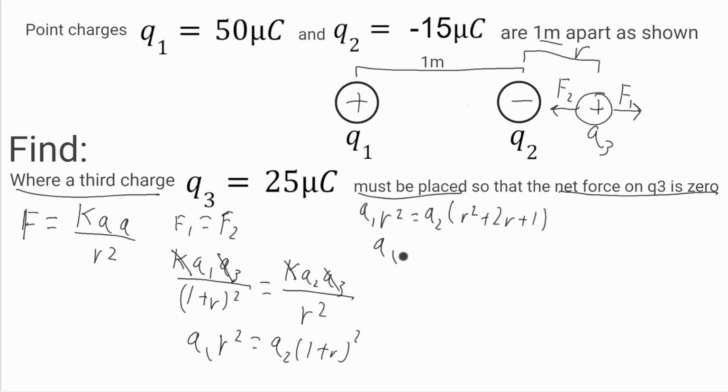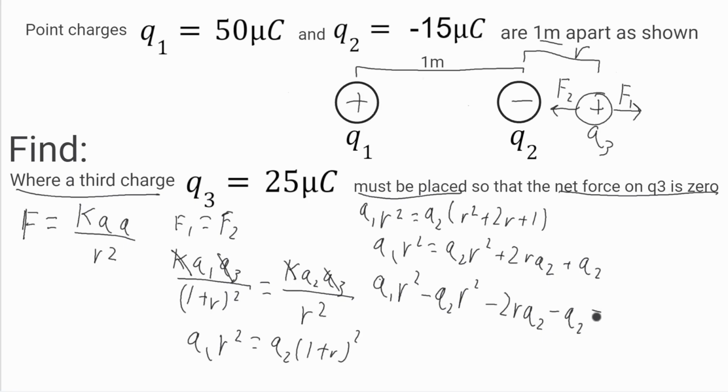So it'll be Q1 R squared equal to Q2 R squared plus 2R Q2 plus Q2. I'll get that Q1 R squared minus Q2 R squared minus 2R Q2 minus Q2 is equal to 0.